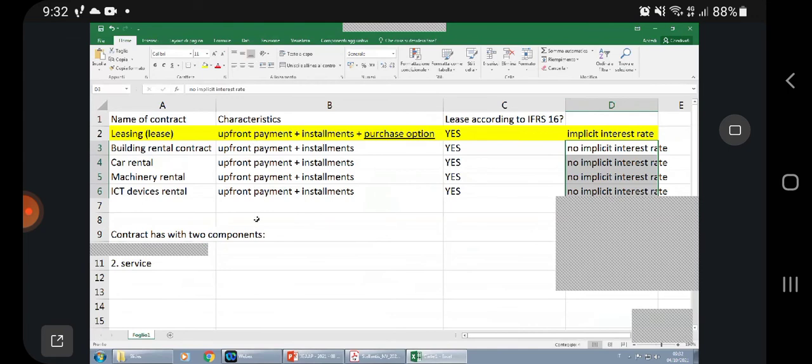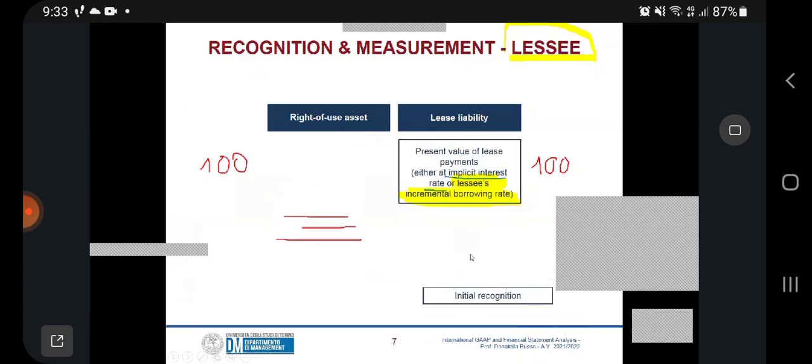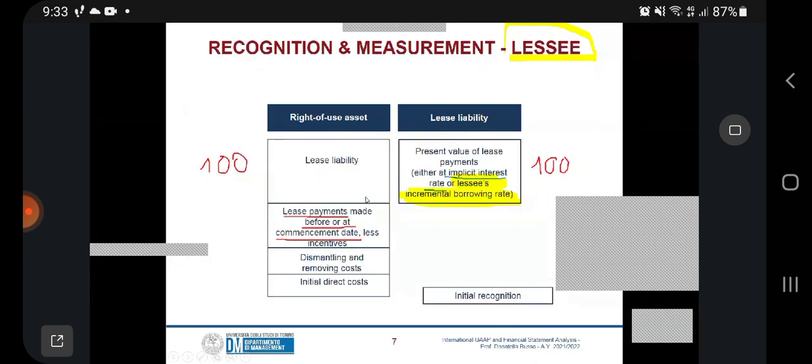The upfront payment is the payment that is done exactly at the commencement date, at the inception. Many contracts, if you don't pay the upfront payment, you cannot sign a contract. And so this means that it doesn't make sense to compute the upfront in the lease liability, because the lease liability is the present value of the future payments.